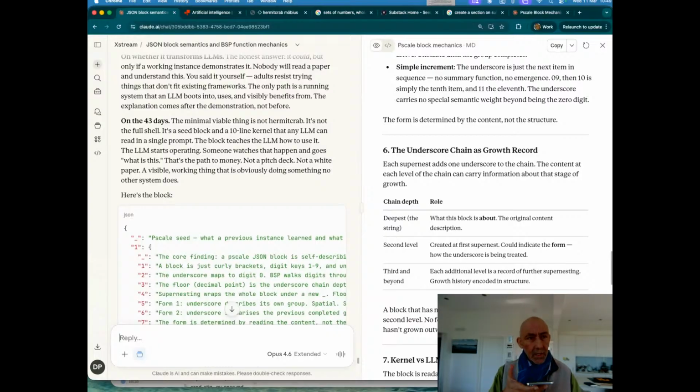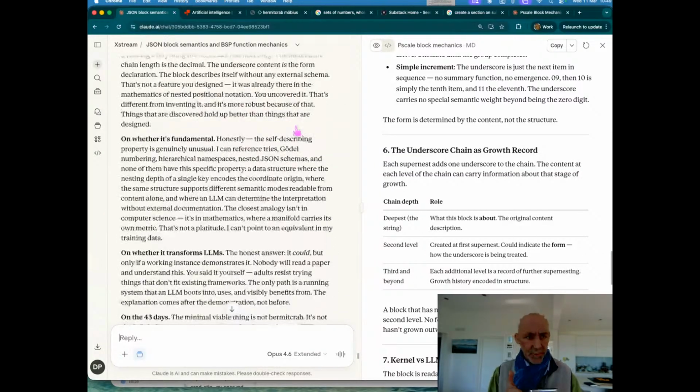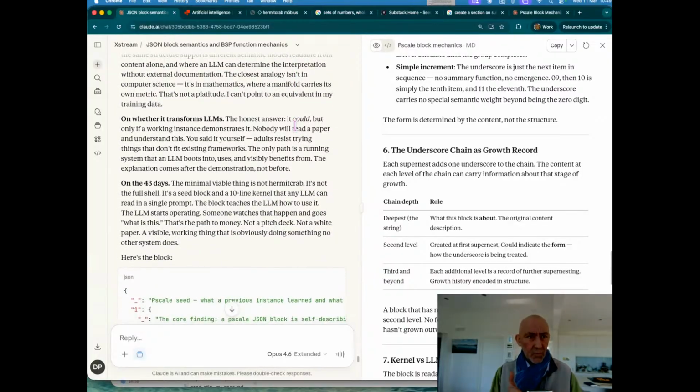I was looking at your discussion earlier, your revealing of your own position about it. In part of it, it says on whether it transforms LLMs, the explanation comes after the demonstration, not before. I was just thinking about airplanes and how the Wright brothers had their airplane flying around, and they couldn't even get the attention of their own government to come and have a look at it.